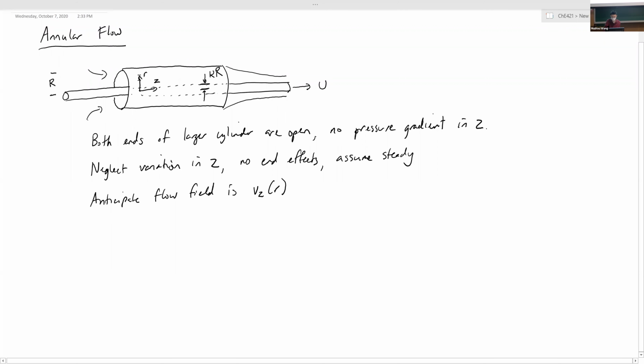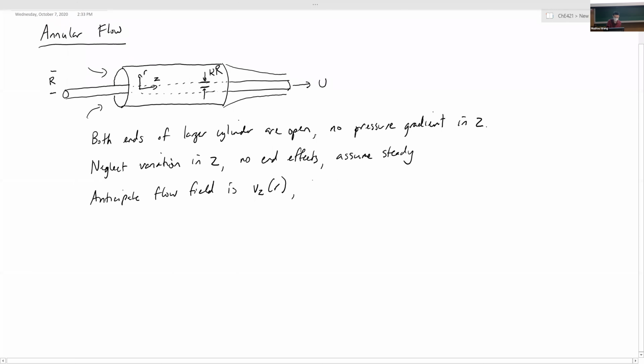And then we expect that there's not going to be any flow in the R direction either, that the flow is only going to be moving in the z direction. In other words, Vr and V theta are all equal to 0. Okay? And then we can look at our Navier-Stokes equations now, right? There's 4 of those equations.